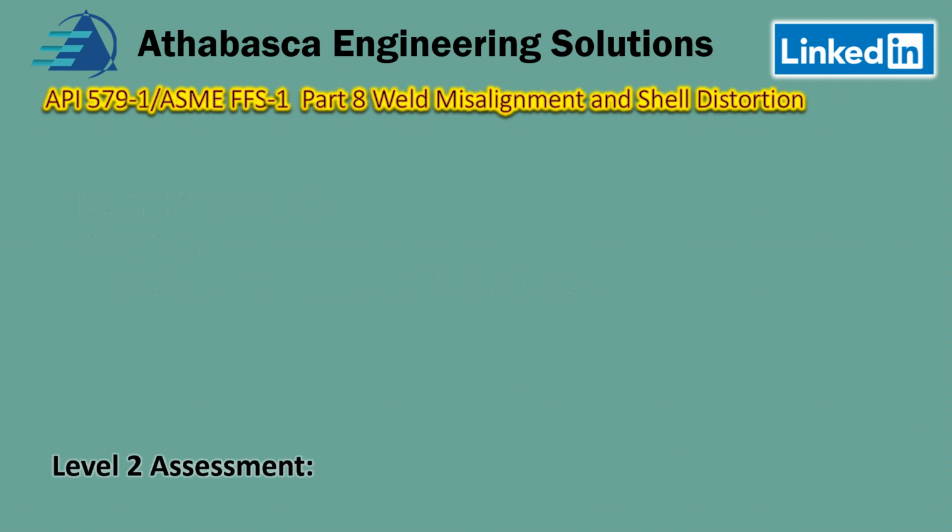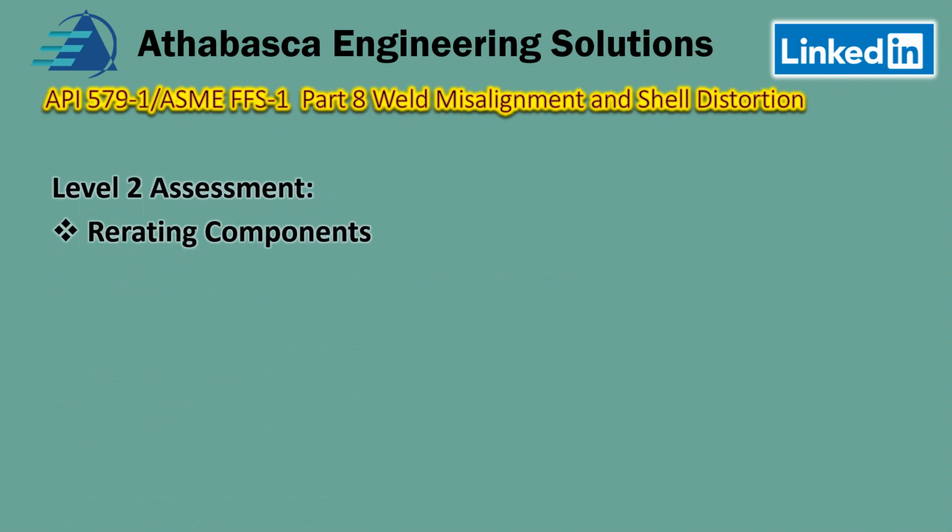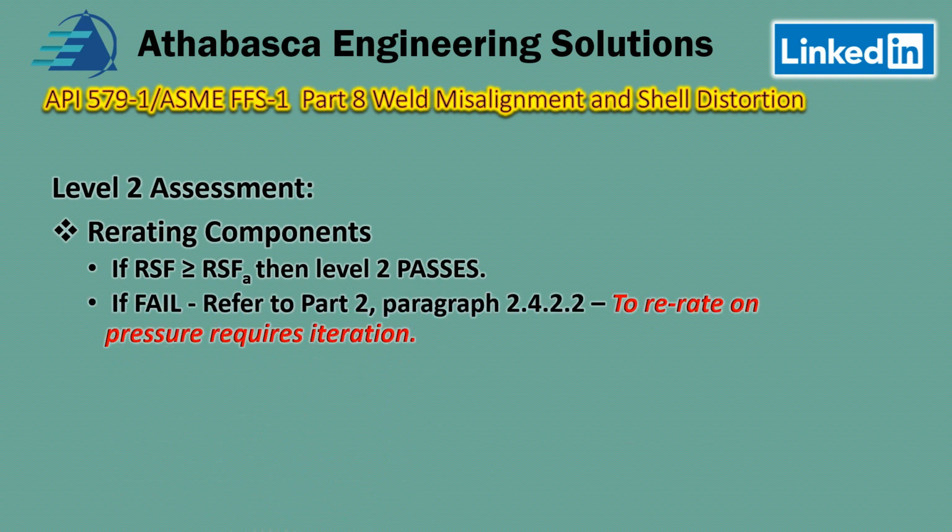Looking at Level 2 assessments here, we want to re-rate components, and we can re-rate the component if the remaining strength factor is greater than the allowable remaining strength factor. If that's the case, then we can pass our Level 2 assessment.